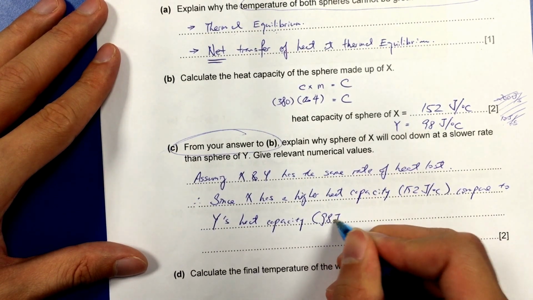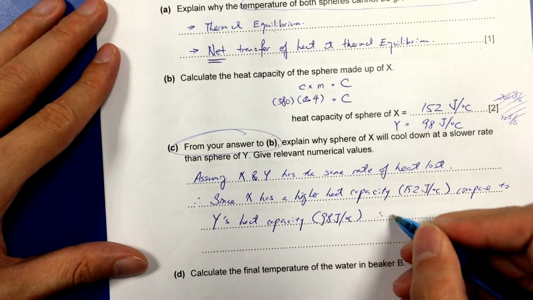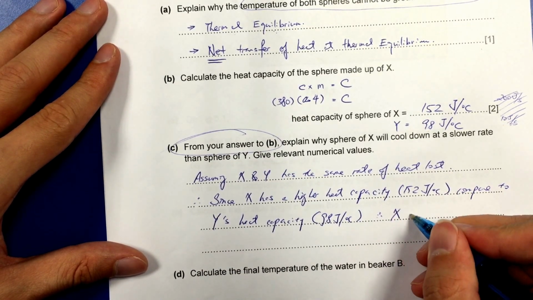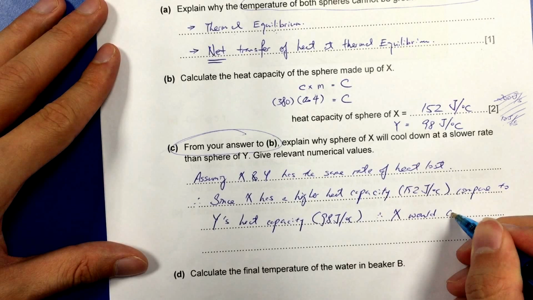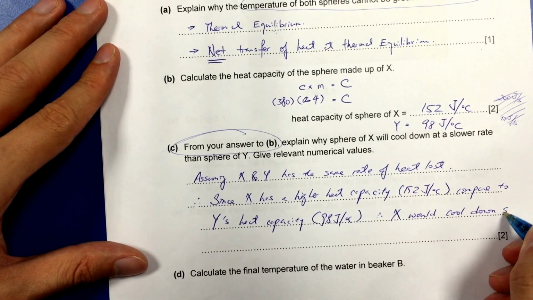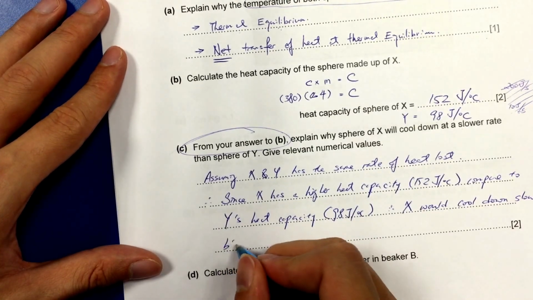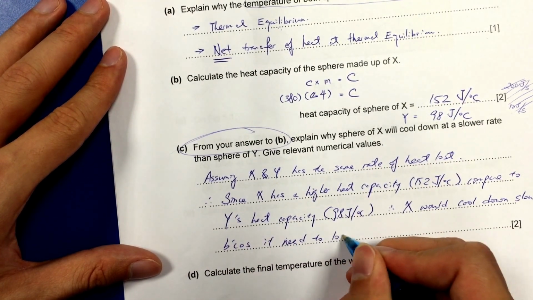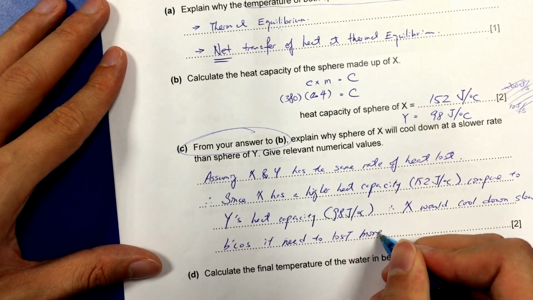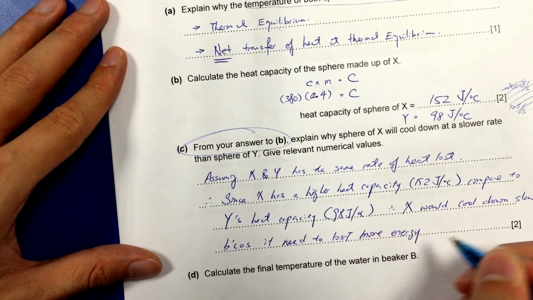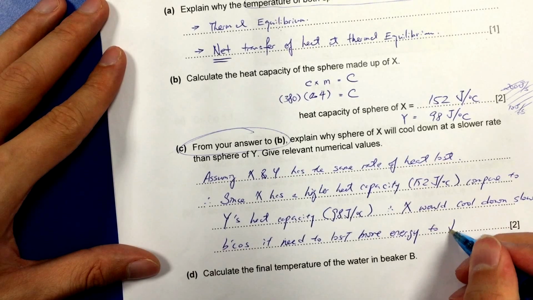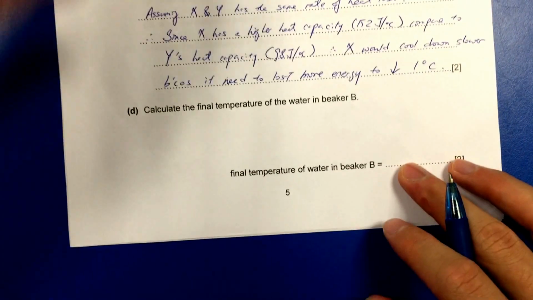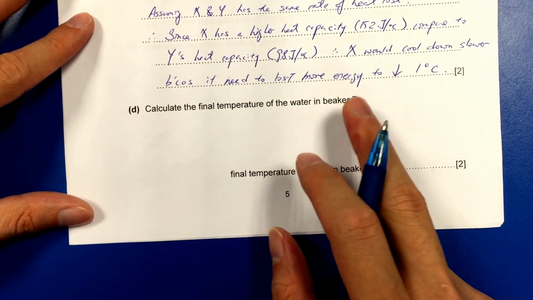So this is 98 joules per degree C. So therefore, X would cool down slower because it needs to lose more energy to decrease 1 degree C. First stop. Can? Okay.